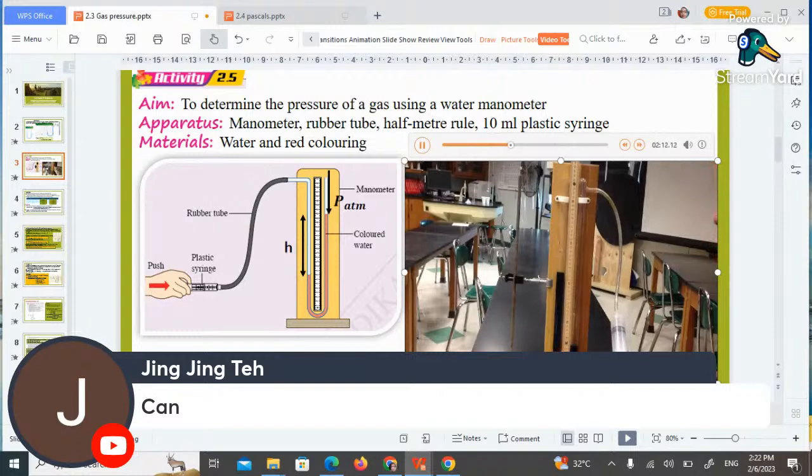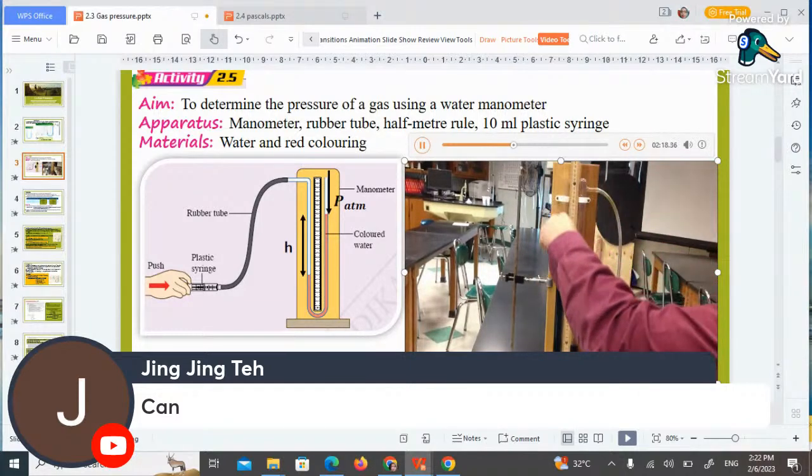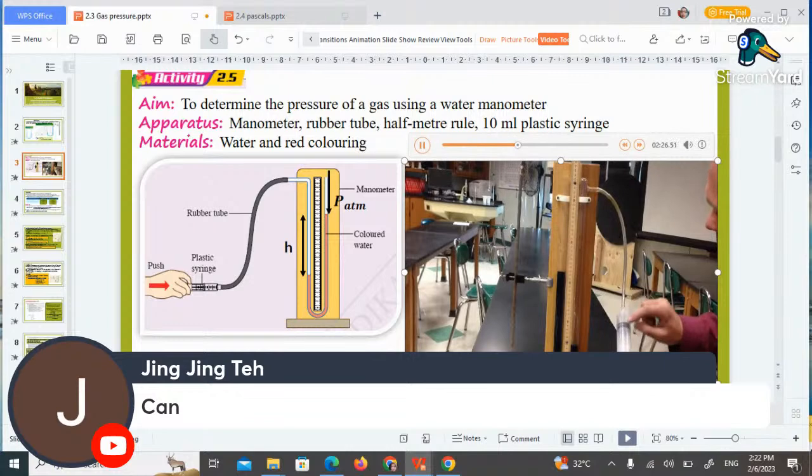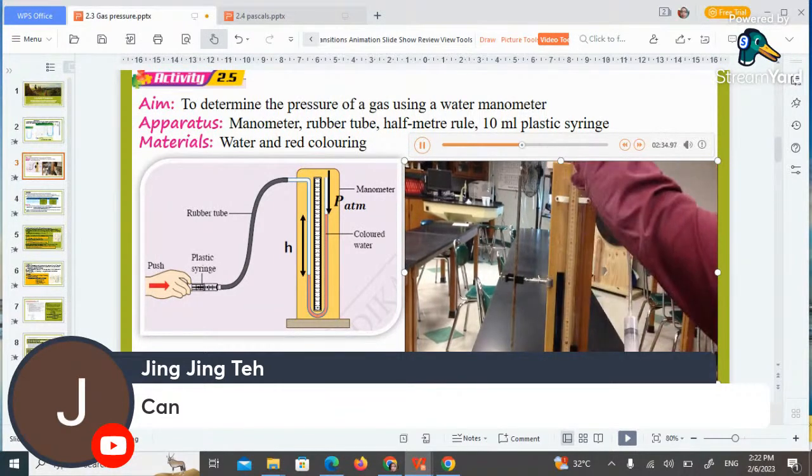And I would say that the pressure in this area is higher than the atmospheric pressure pushing down, right? Manometers use a differential of pressure to measure. So right now, the pressure in this syringe, which is connected, is 190 millimeters of mercury higher than atmospheric pressure.